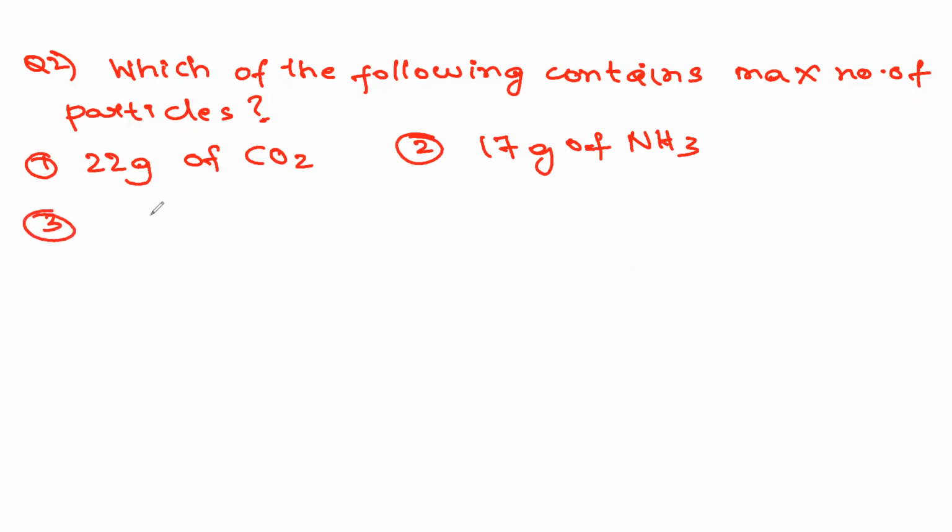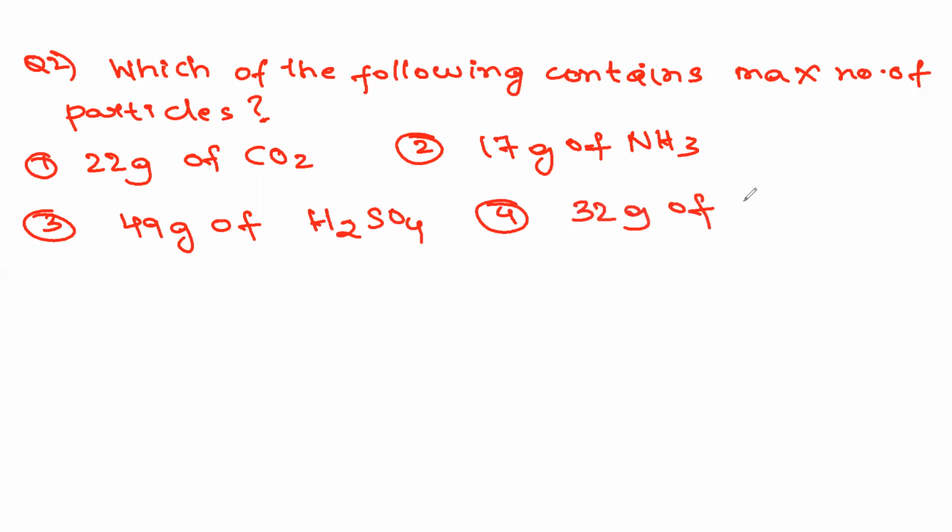Option 3, 49 grams of sulfuric acid, H2SO4. Option 4, 32 grams of sulfur dioxide. So they ask which of the following contains maximum number of particles. These are the 4 different options.